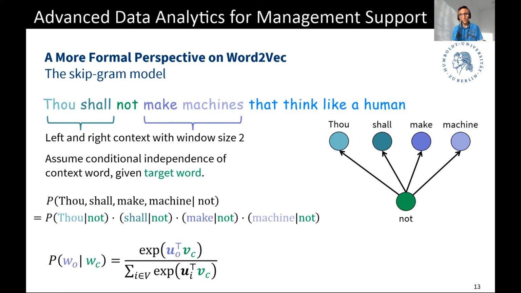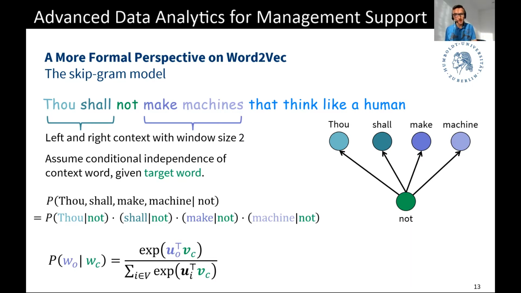And the key thing is that thanks to this assumption of independence, we can really focus our attention on the probability of observing one context word. It's denoted here as WO, given a central word, WC. In skip-gram, we have the single central word, and we denote it by WC.